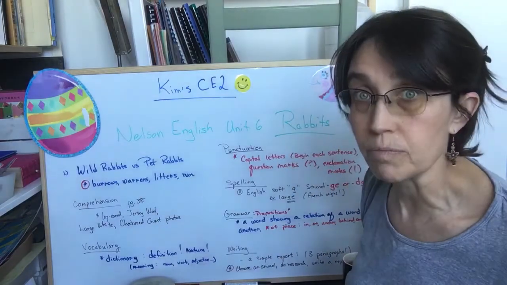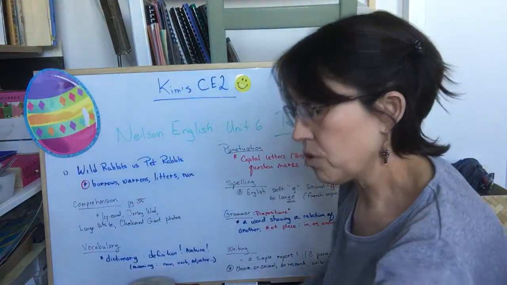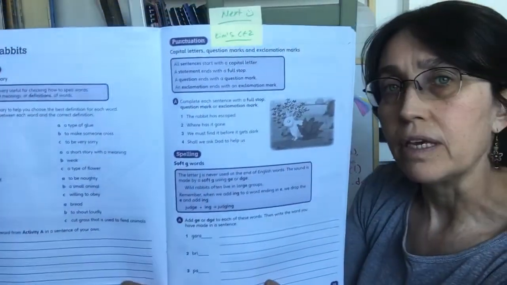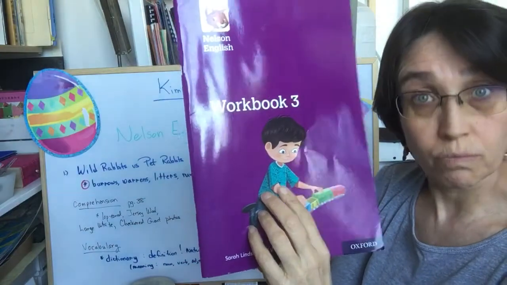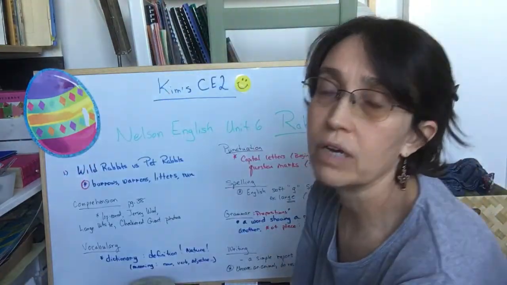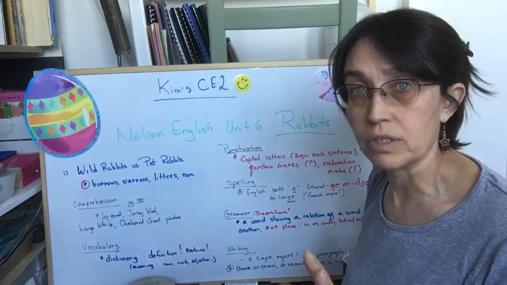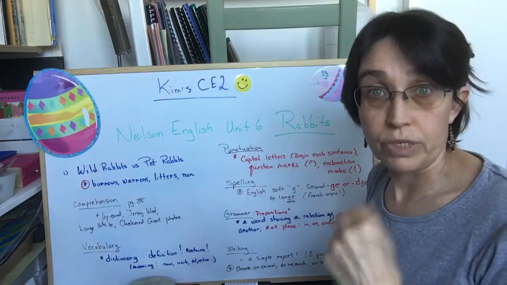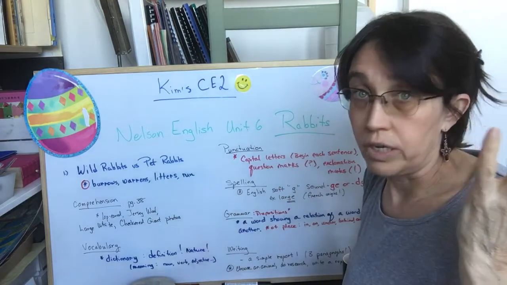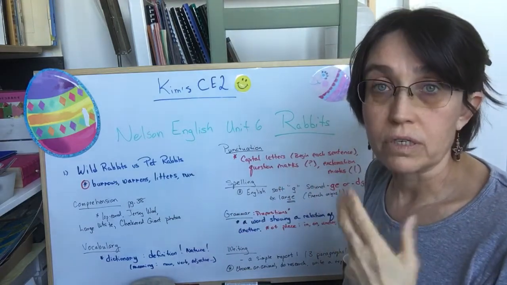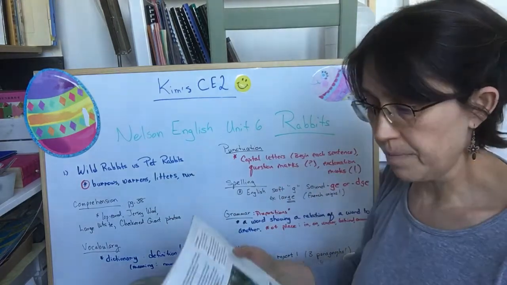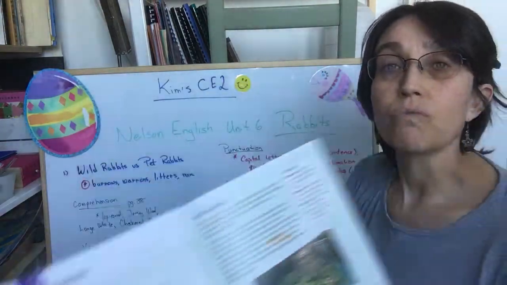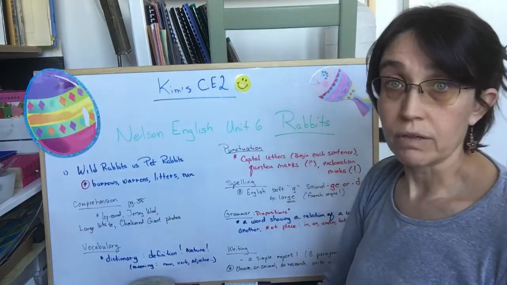Parents, please help them. Then I will also send a PDF of the activity book, the workbook that goes with this unit. You have usually had a photocopy of those. This I will give as a PDF, and then hopefully your parents can print it out. If not, then try to continue it on the different notebook paper that you have. Okay, now let's take a look at rabbits. Please read along while I read it out loud.